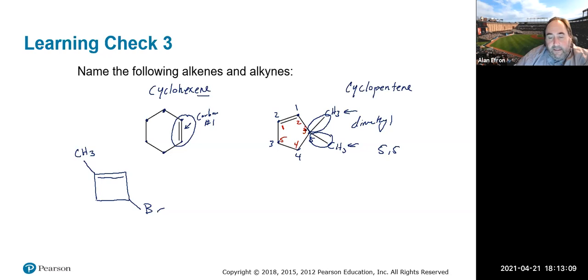It does look like going in the red direction gives us 3, 3, which would obviously be a smaller number than 5. So putting all that together: 3,3, remember, comma between 2 numbers, dash, dimethyl, because there are 2 methyl groups in this compound, cyclopentene.